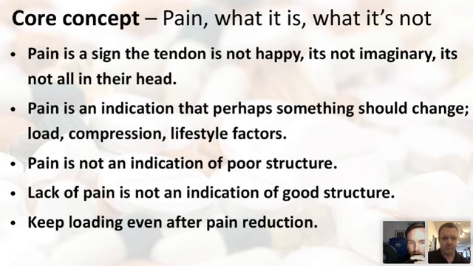An older, more grumbly chronic tendinopathy tends to be less painful, but its structure is more likely to be changed and poor. And that's why there's an increased rupture risk with chronic tendinopathies, because there's less pain, but the structure is worse.